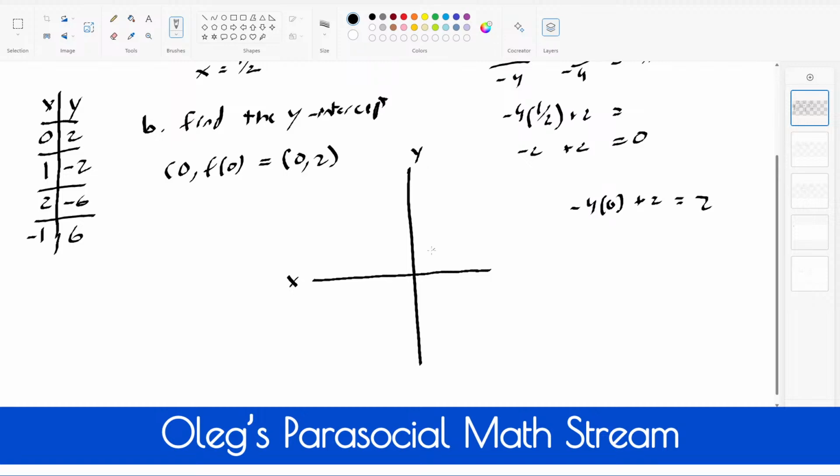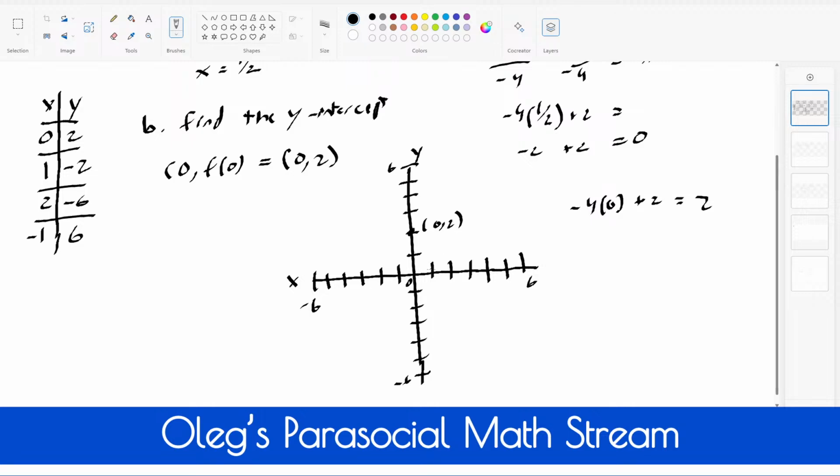X, y. We have 1, 2, 3, 4, 5, 6 on each axis. So this is 6, this is 6, negative 6, negative 6, and of course the center is 0. X is 0, y is 2, so we mark this here: (0, 2).